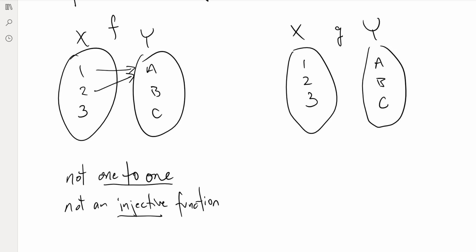Actually, I haven't even included the value 3 in the domain there. It's not onto as well. It's not a surjection because not every value is accounted for. But perhaps we could include 3 going to the value c, and it's still not a surjection, still not onto, and it is not injective either, because there are two different values of x that produce a single equivalent range value.